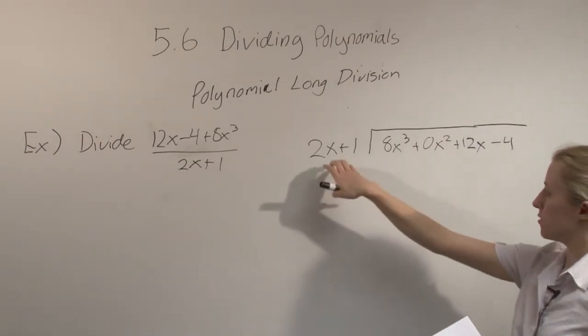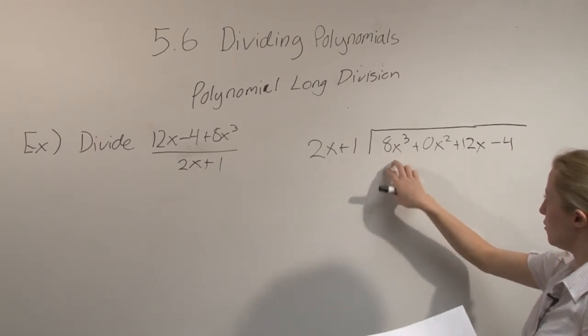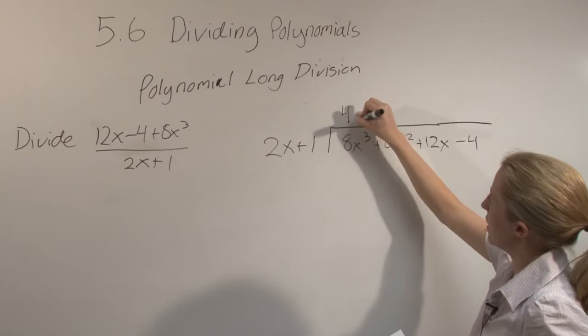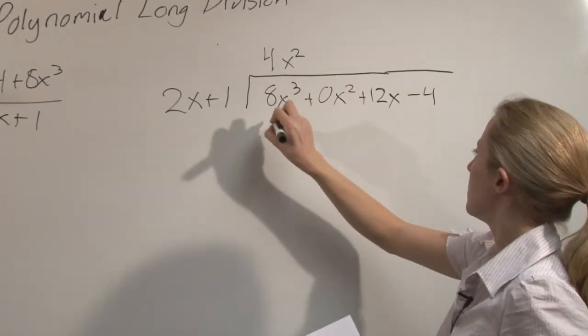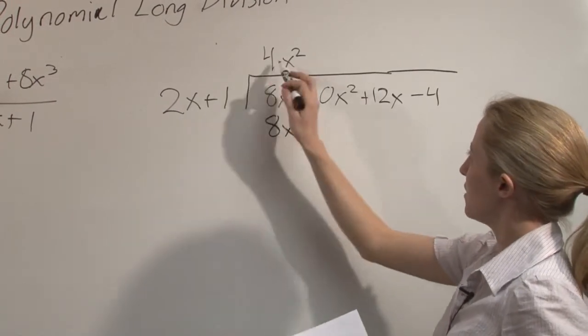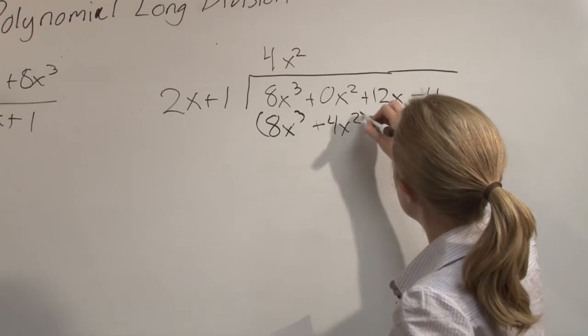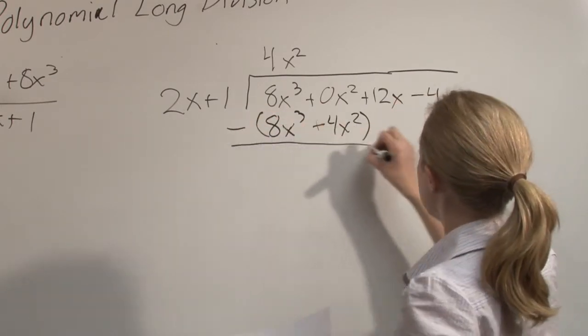So now I'm going to try to find something to multiply 2x by to get 8x cubed, which would be 4x squared. I'll get 8x cubed. And then 1 times that is plus 4x squared. Subtract everything.